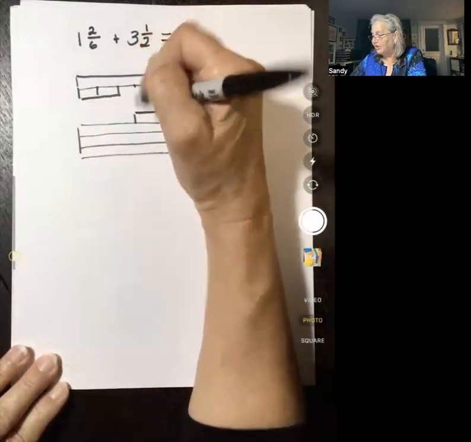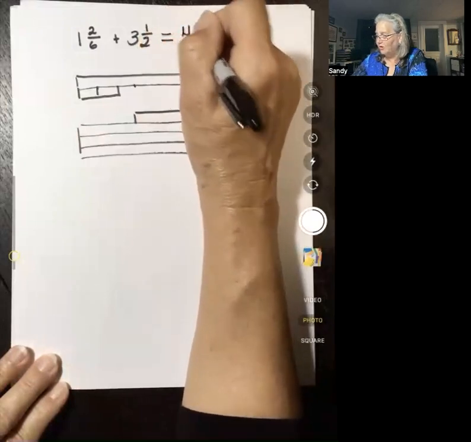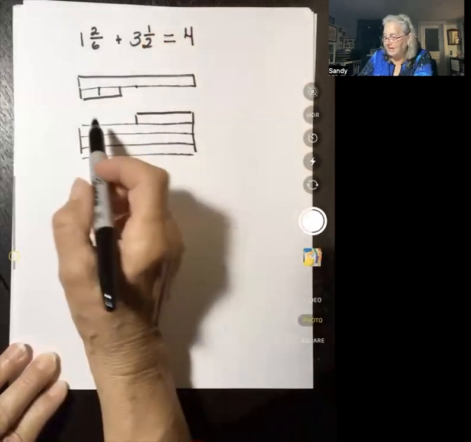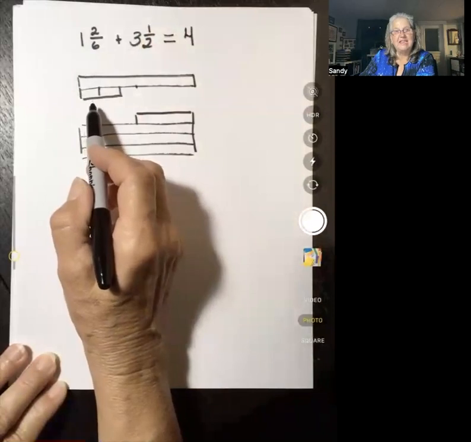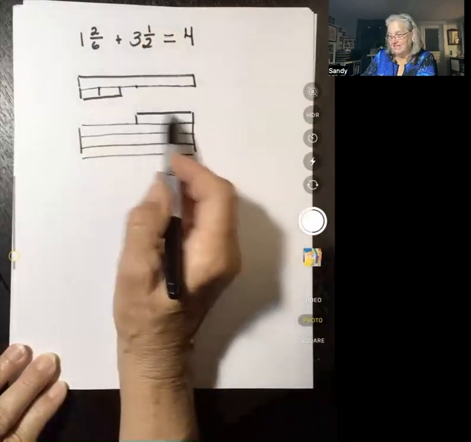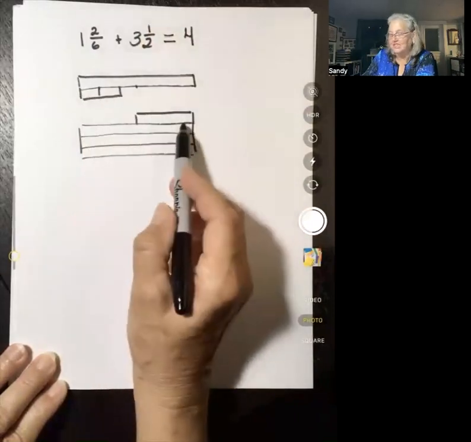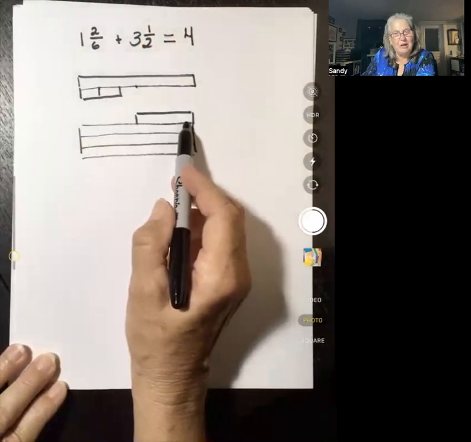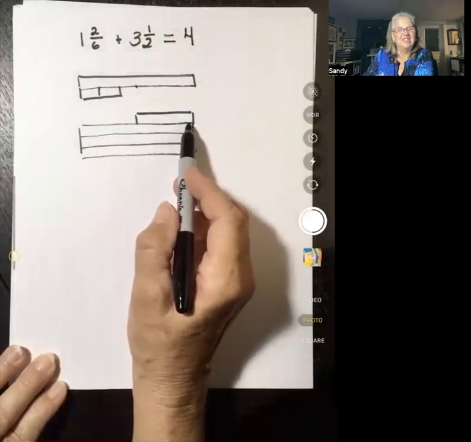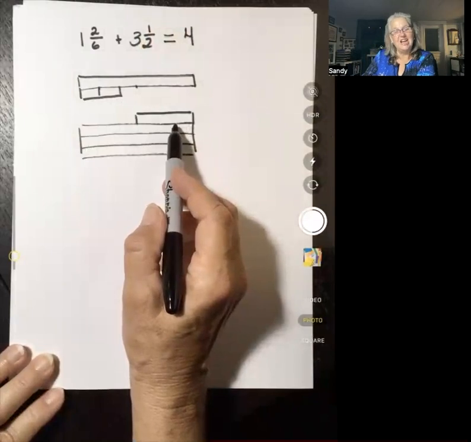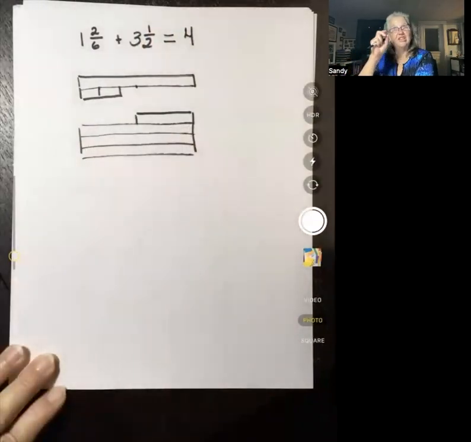So 1 whole and 3 wholes is going to give me 4 wholes. But what do I have to do? I have to combine like-sized pieces. Right now, I have something in terms of sixths versus a half. That's why we found common denominators, like-sized pieces. Least common multiple gave us that like-sized piece that we needed, okay?